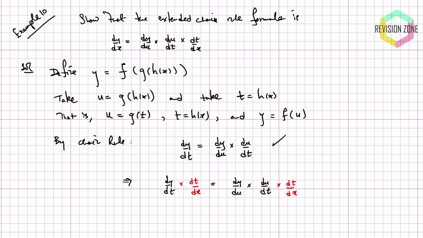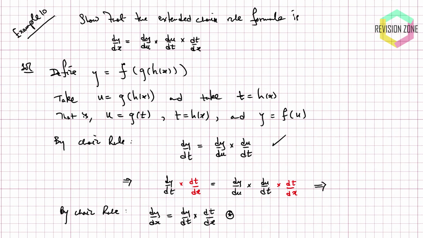By chain rule, dy by dx is the same thing as dy by dt times dt by dx.